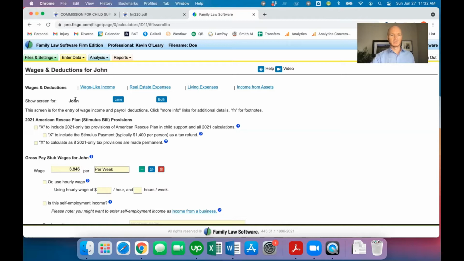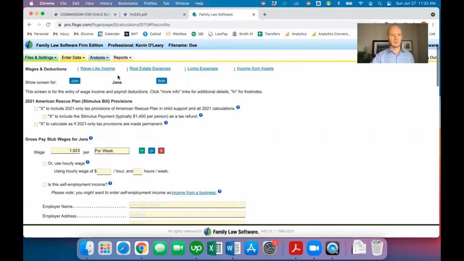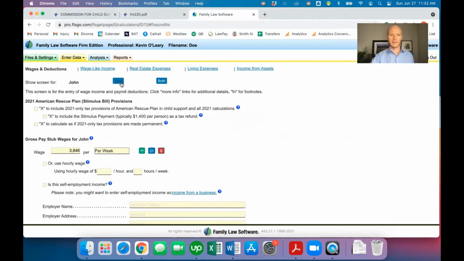So what you're going to do is click on both parties and put in the weekly income of each of the parties. So I think in this situation we've got just a hypothetical. We put John at $38.46 a week, and we put Jane at half of that, so $19.23 a week. I believe that's $200,000 and $100,000 for income per year.